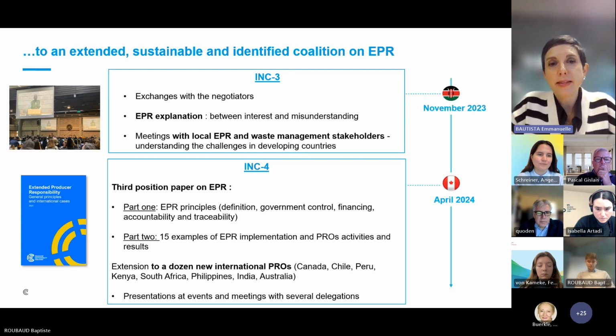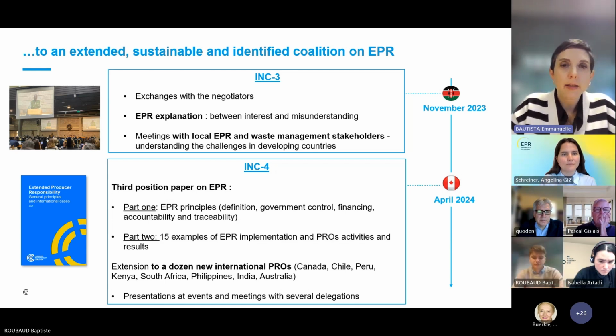So what we have seen in Nairobi during INC3 is that there was still a lot of confusion and misunderstanding regarding EPR. So what is EPR? What is it not? Is it a tax, part of a national budget, and so on? The adaptation and feasibility for developing countries.